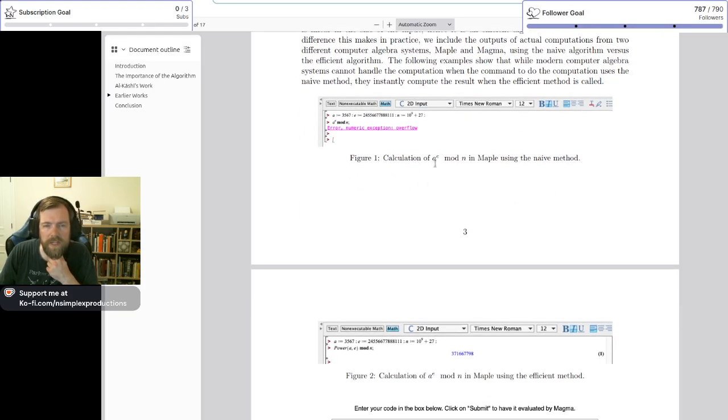Right, so calculation of a^e, in this case 3,567 raised to the 24,556,677,888,111. N equals 10^9 plus 27.